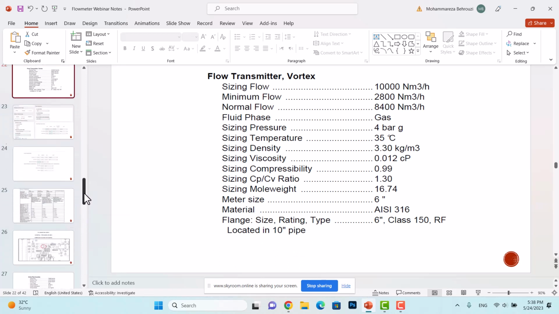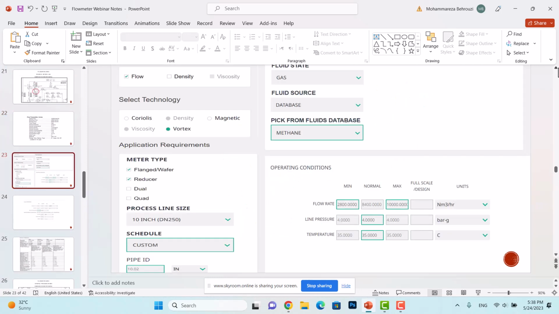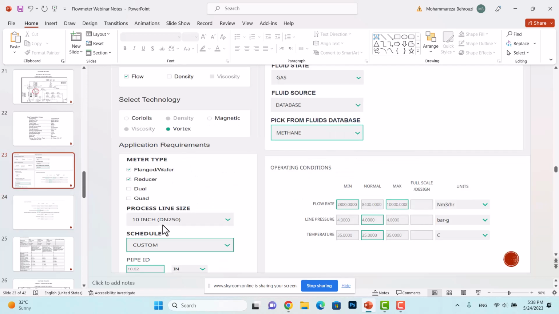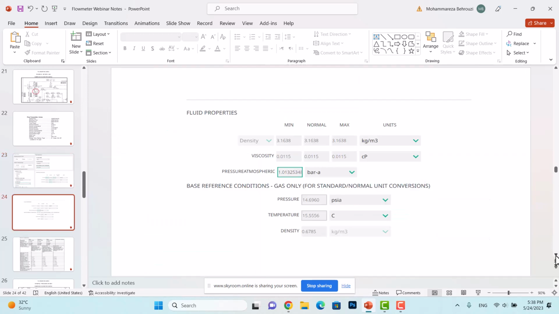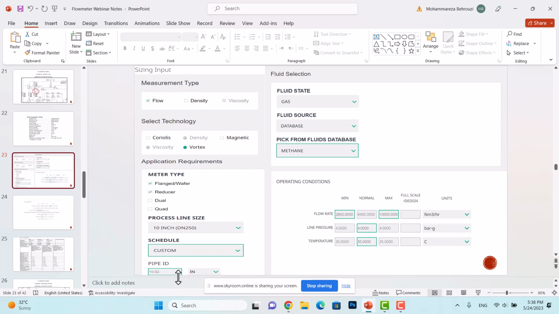This time I'm not going to go to the software, I'll just show you screenshots from the websites. You can select vortex type and 10 inches. Just a moment. You can select custom for the schedule and pipe.